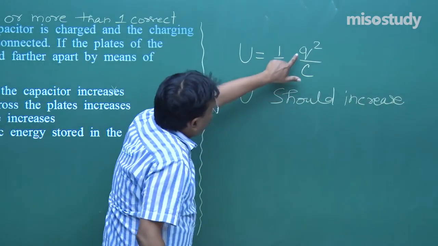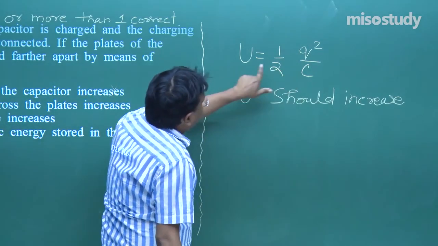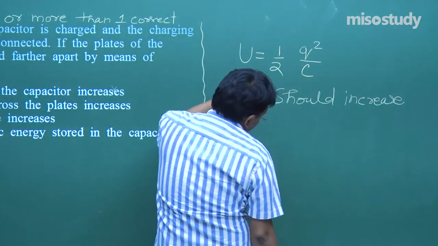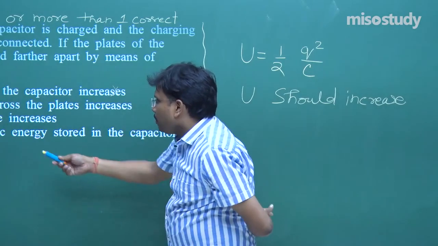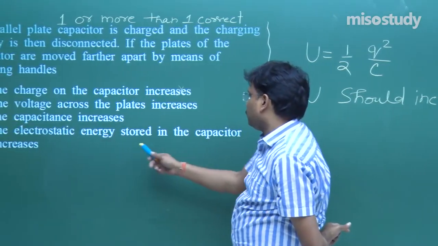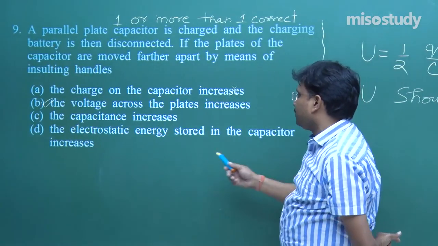Why? Because Q is constant, C is decreasing, therefore U will increase.